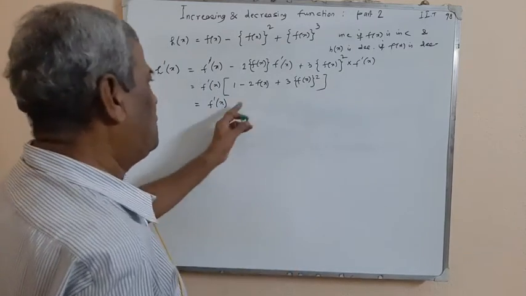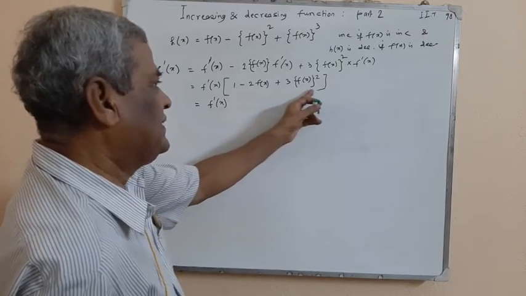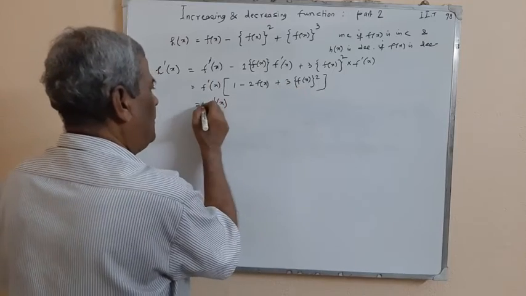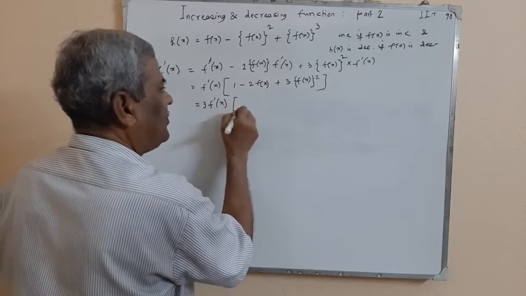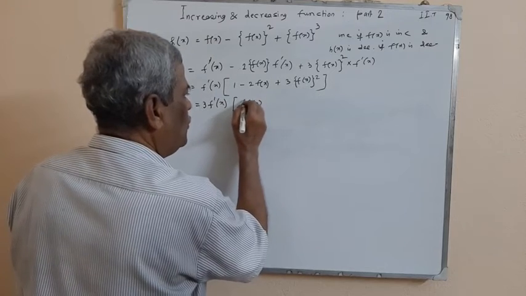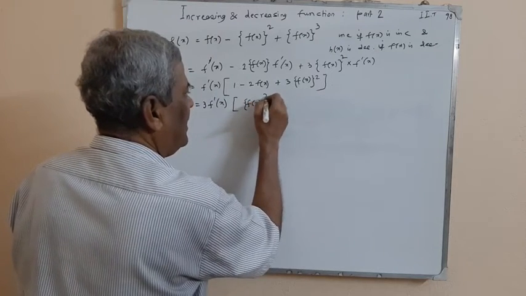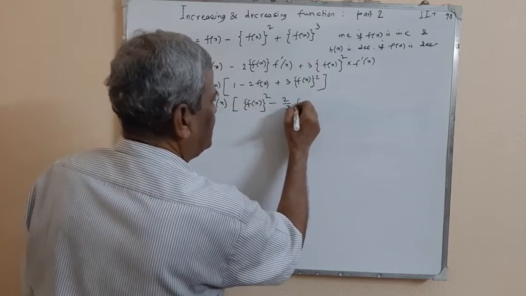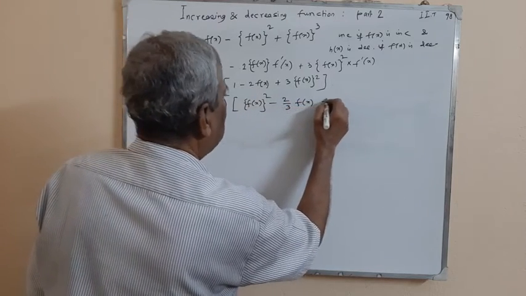Now we have to find its sign, positive or negative. Take 3 common, this becomes 3 f dash x into f(x) whole square minus 2 by 3 f(x) plus 1 by 3.